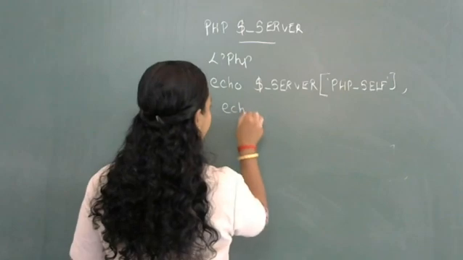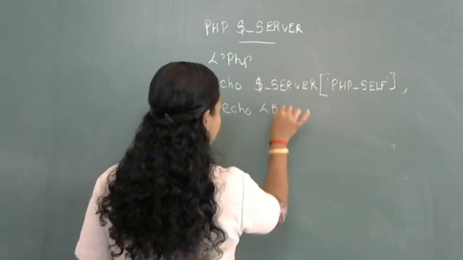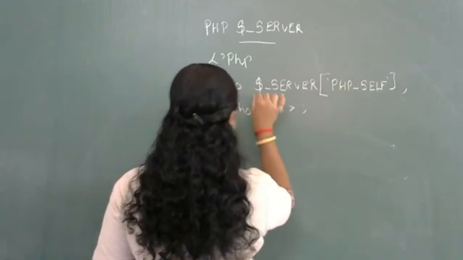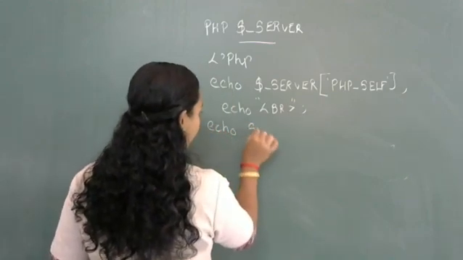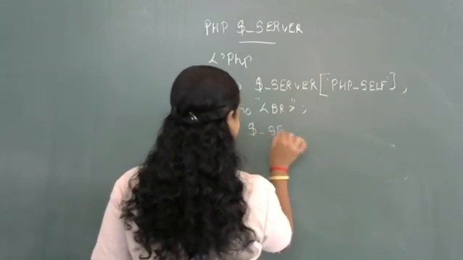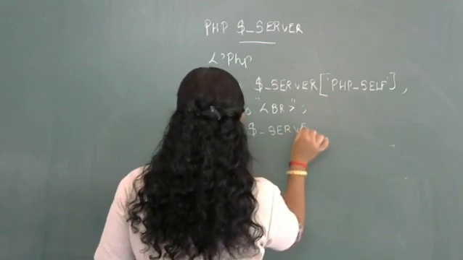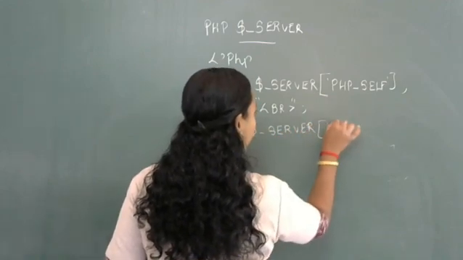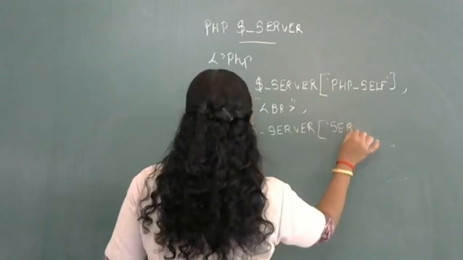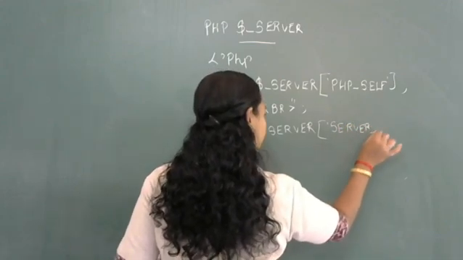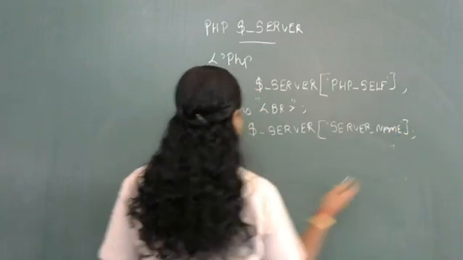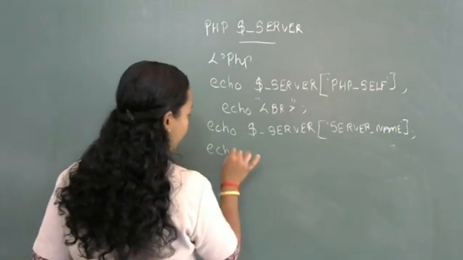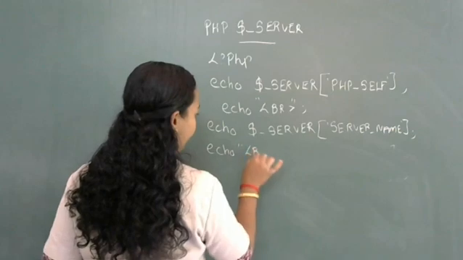Echo br. Echo $_SERVER server name. Echo br.